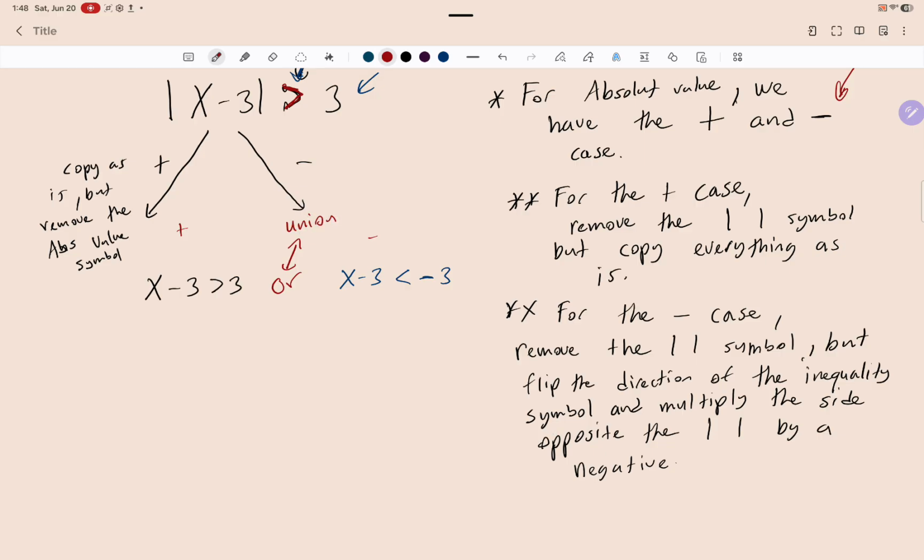Okay, so let's solve each of these individually. I'm going to add 3 to both sides, so I get x is greater than 6, or, and on the one on the right, -3, I'm going to add 3 on both sides, so I get x is less than 0.